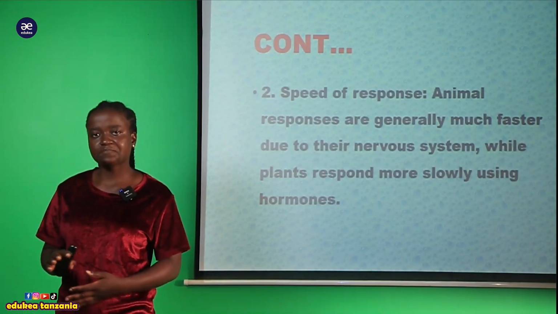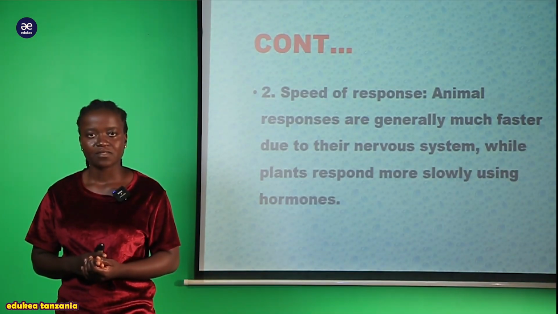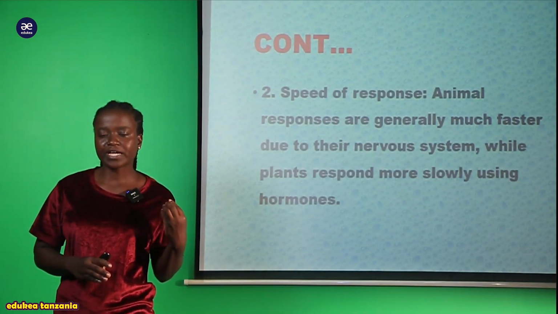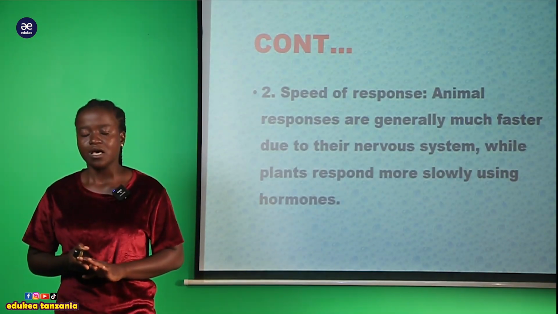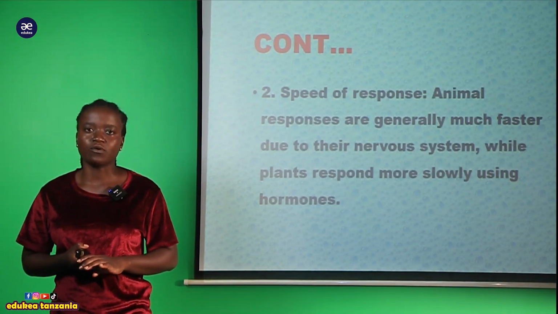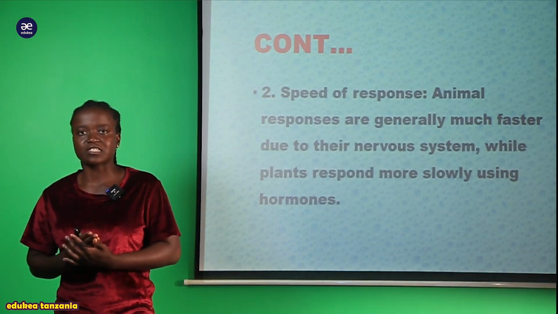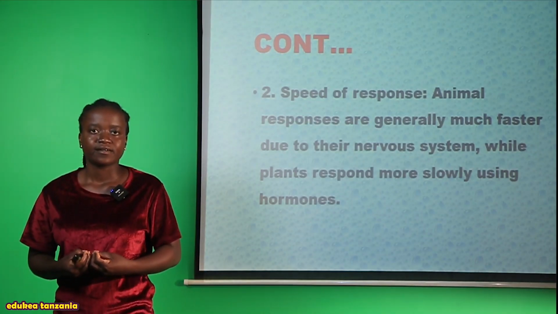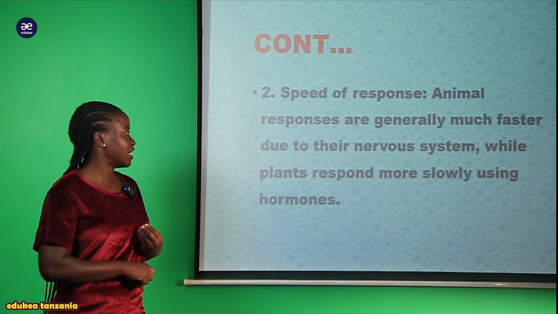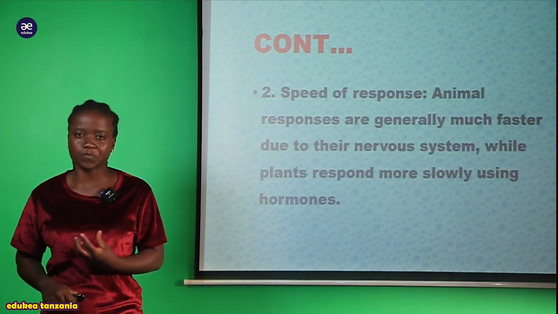So the speed of the response is different. When you look at coordination in plants and in animals, it is totally different, because in animals, due to the presence of the nervous system, the response can be provided quickly compared to the plant response.